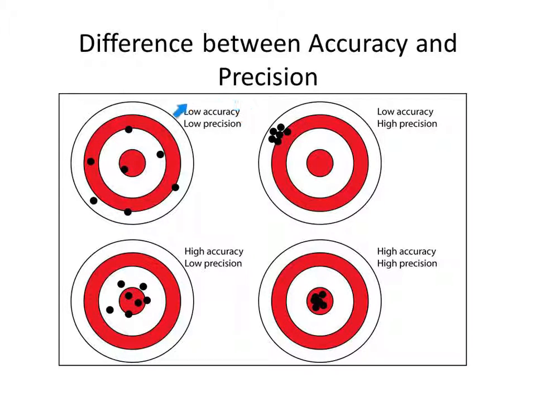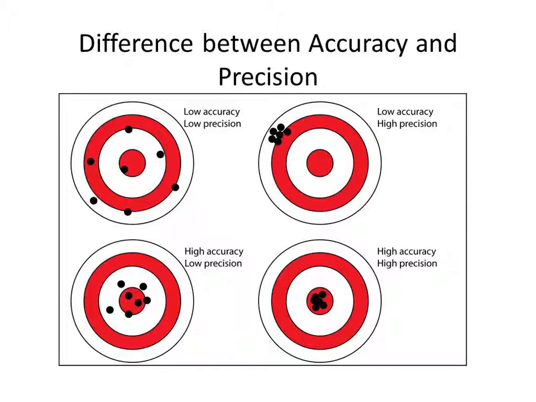So we're going to say that we have low accuracy. And also the measurements are all far away from each other, right? This measurement here is very far from this one, very far from this one, again here, here. So we're also going to say we have low precision.